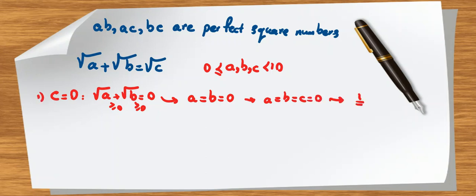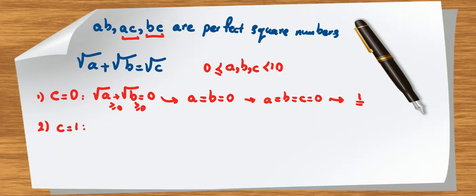Now, let's check the second case. If c equals 1, then we can conclude 1 times b is a perfect square and 1 times a is a perfect square. As a hint, if you consider CB perfect square and CA perfect square, we can prove that AB is also a perfect square using these two things.